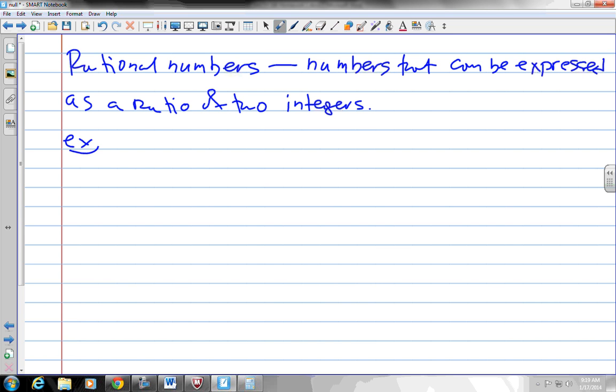So some examples would be 1/2, -3/7, 2 1/3, 5 itself. So every integer is a rational number, and every traditional fraction is a rational number.